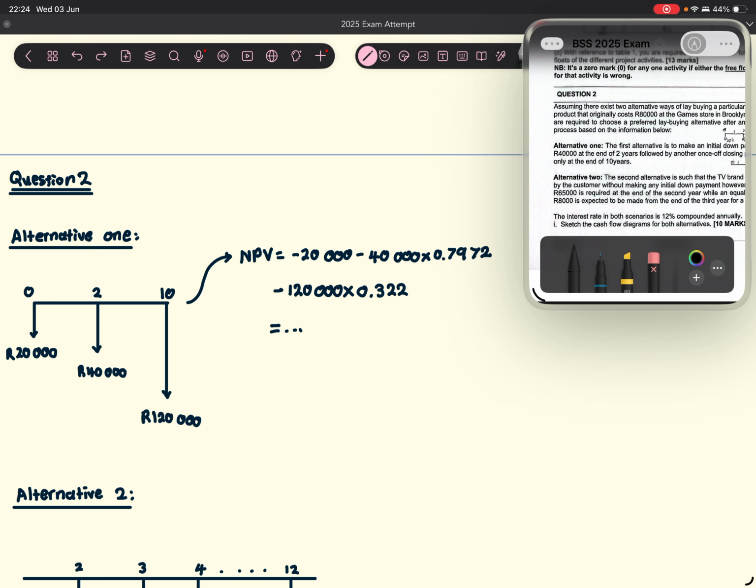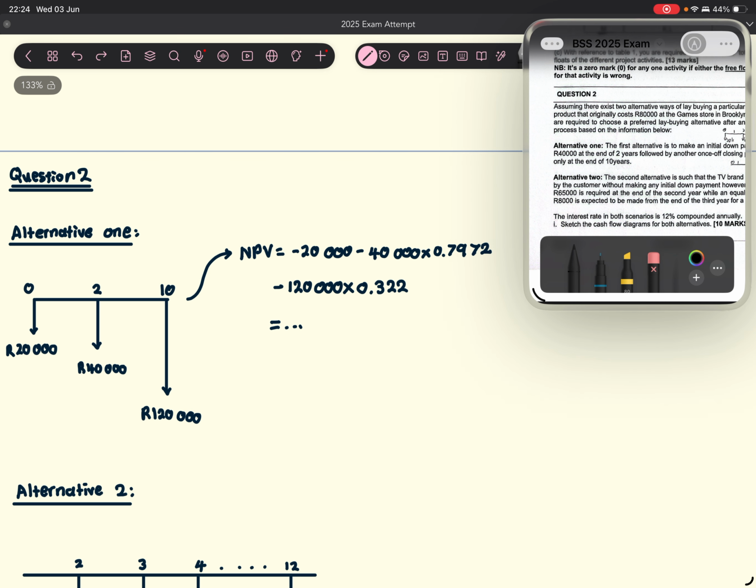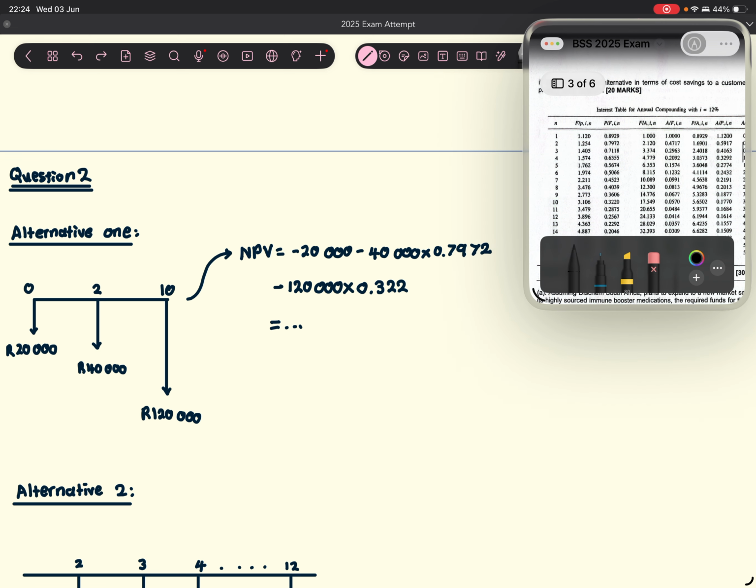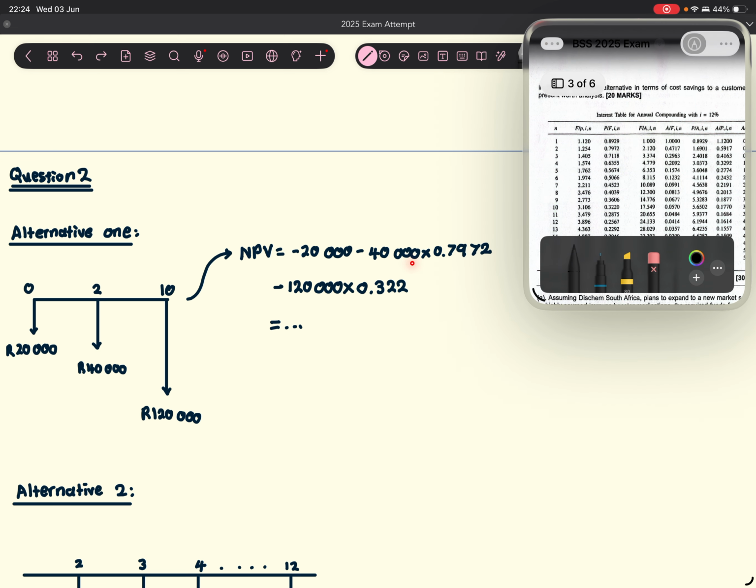For year 0 we make the payment like today, so there's no interest applied to it. We'll take it as is, but for this 40 we need to discount it. So we need to go to our table over here, and what we're given is the future value, which is the value that has interest applied to it.